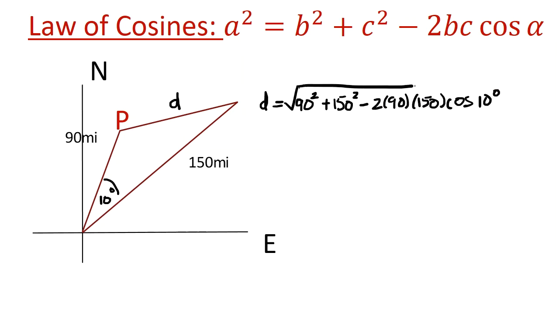That's a simple application of the law of cosines, and I'm going to round this to the nearest whole mile, so that's 63 miles. So the distance the ship is from the port once it goes off course is 63 miles. It's 63 miles away from port.